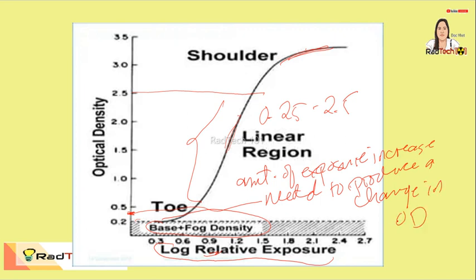So again, if we want to change the optical density, let's say from 0.5 to 1, the amount of exposure increase needed is calculated or represented by this lag relative exposure.